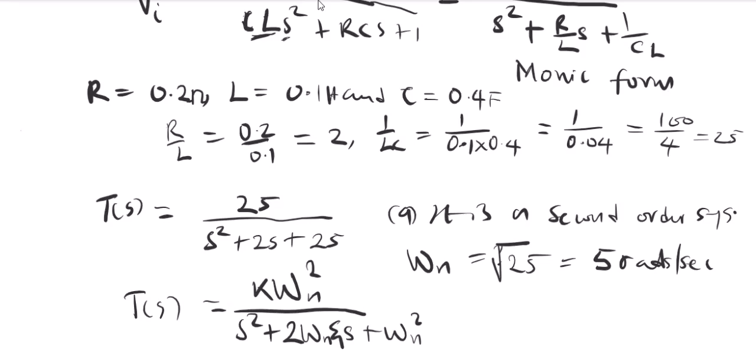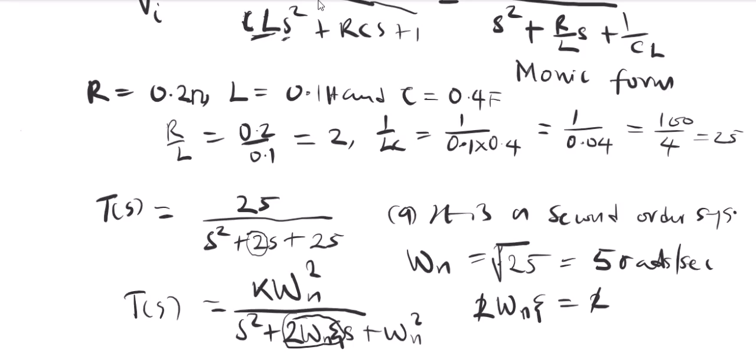So 2 times natural frequency times the damping ratio is equal to 2. What we are doing is taking the coefficients and equating them to the coefficients of our transfer function, just to solve for those parameters.